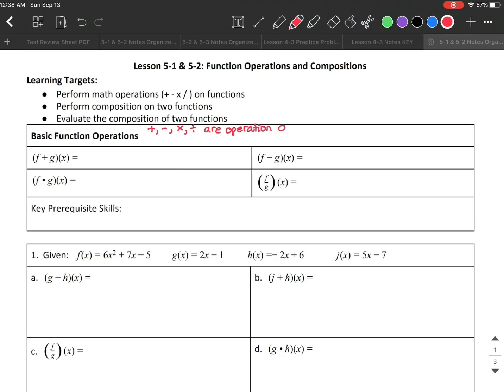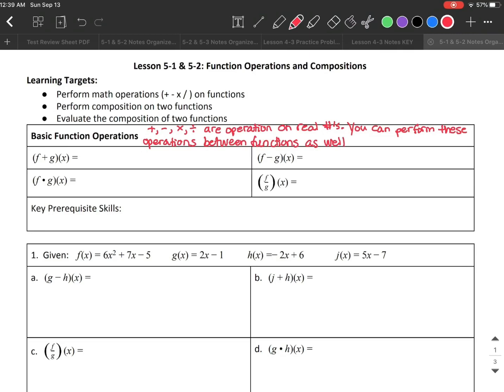You can also perform those basic operations between functions as well, and they work exactly the same way.